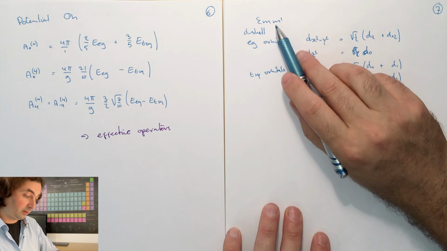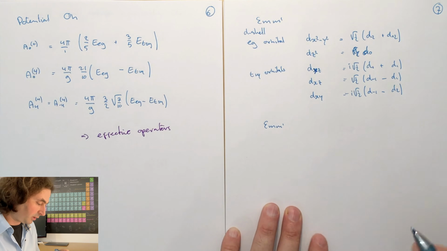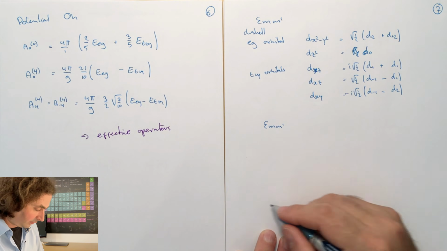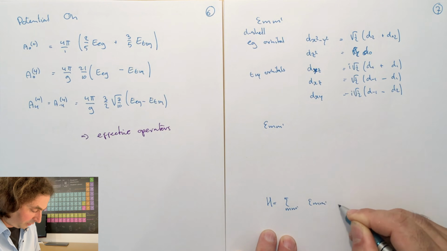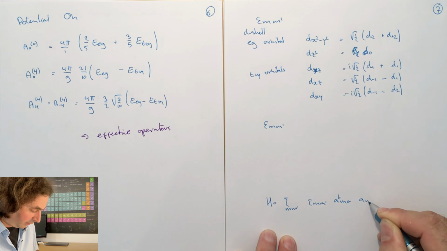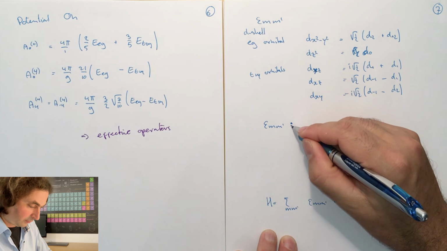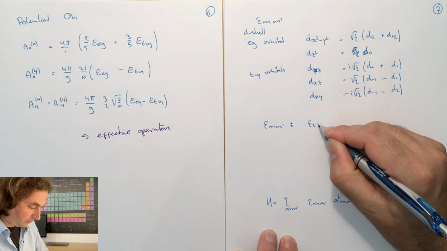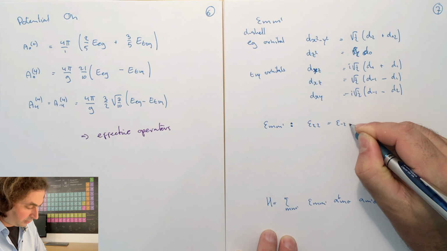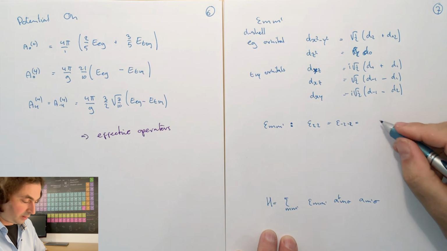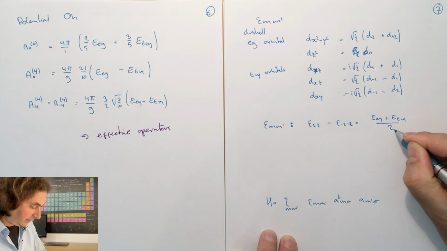Now with that we can also understand what our epsilon m m primes are in our Hamiltonian: the sum over m m prime, epsilon m m prime, a dagger m sigma a m prime sigma. And we have epsilon 2 is equal to epsilon minus 2, which is equal to the sum of the EG and T2G energies.